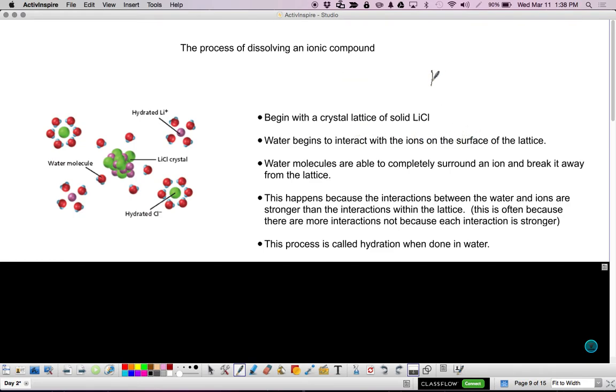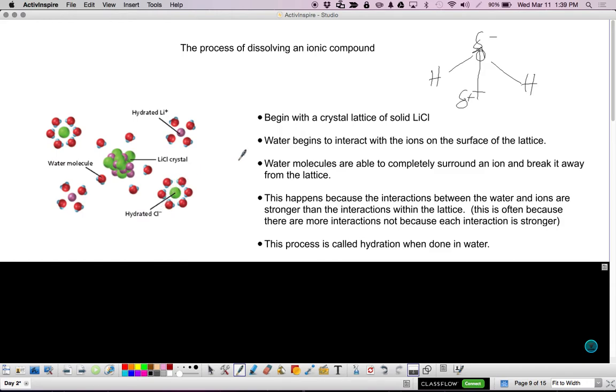Now keep in mind that water has this dipole. So there's a partial positive charge down here and a partial negative charge up here. Well, the partial negative charge would be attracted to the positive ions, the lithium ions, and the partial positive would be attracted to these chloride ions.